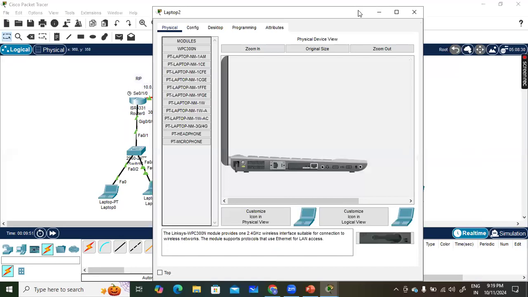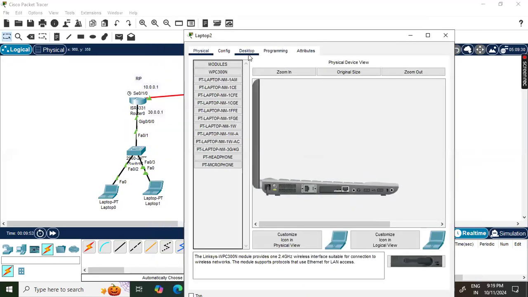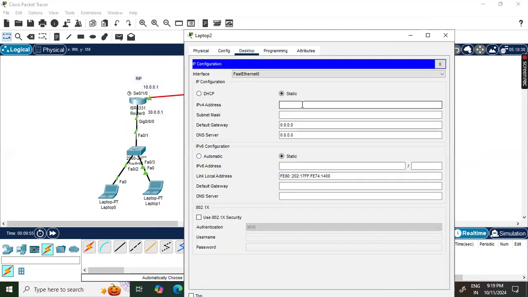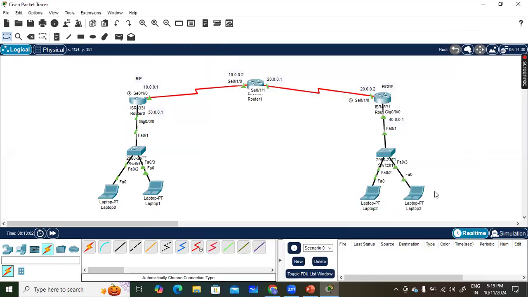Give the IP as 40.0.0.2 and gateway 40.0.0.1, like this. Now just try to send any message. You see, the message has failed. Now let's check the path in simulation.